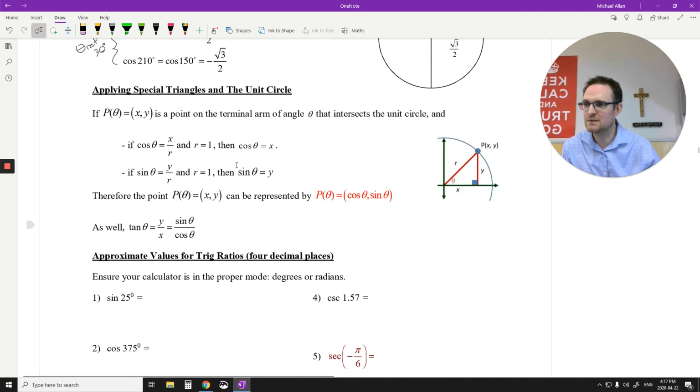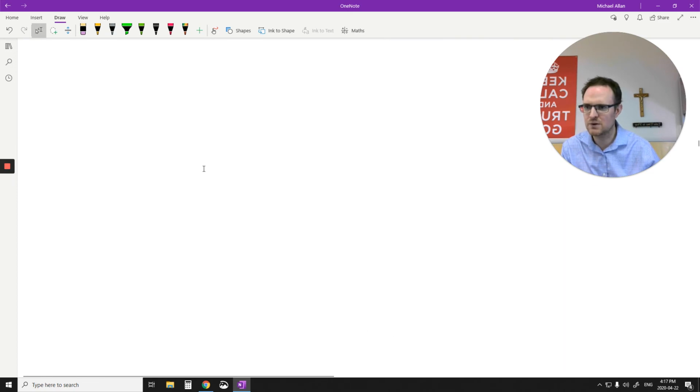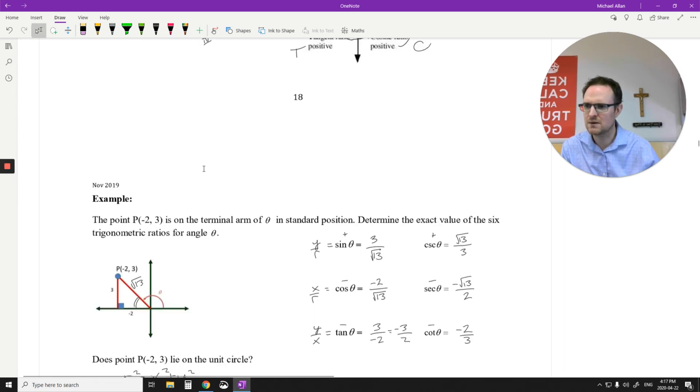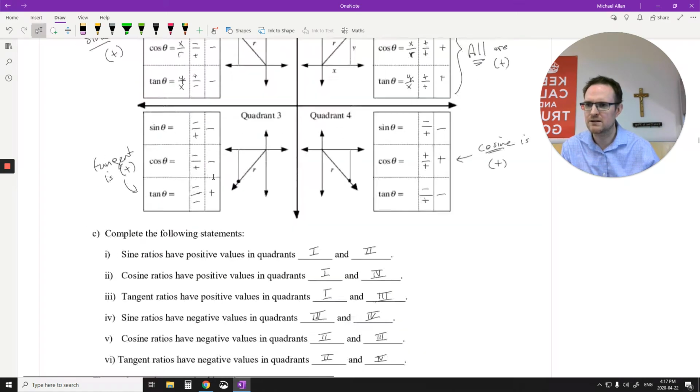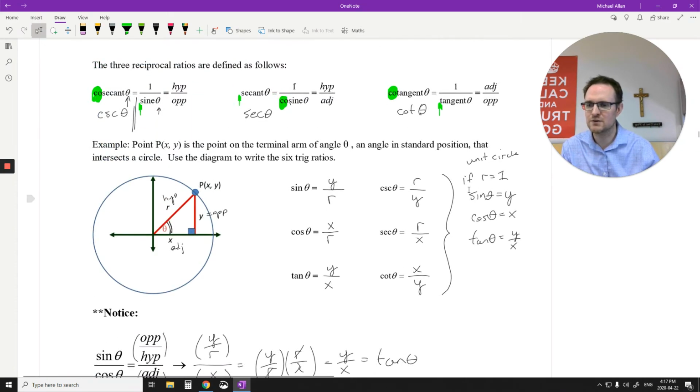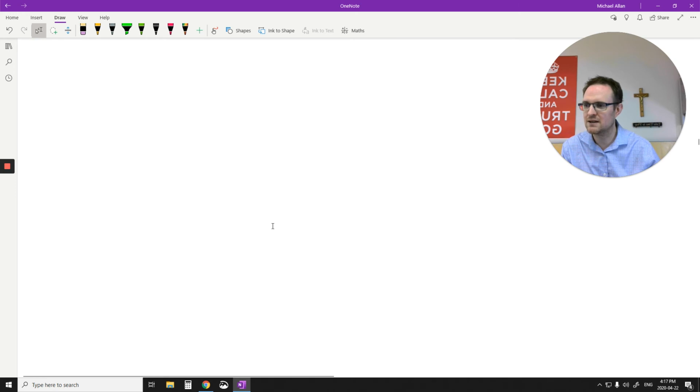Now we can also apply special triangles to these points. I already talked about this one here where my radius is equal to 1. Where did I write it? Right here. My radius is 1 in these formulas here. Then sine theta is equal to y and cos theta is equal to x.